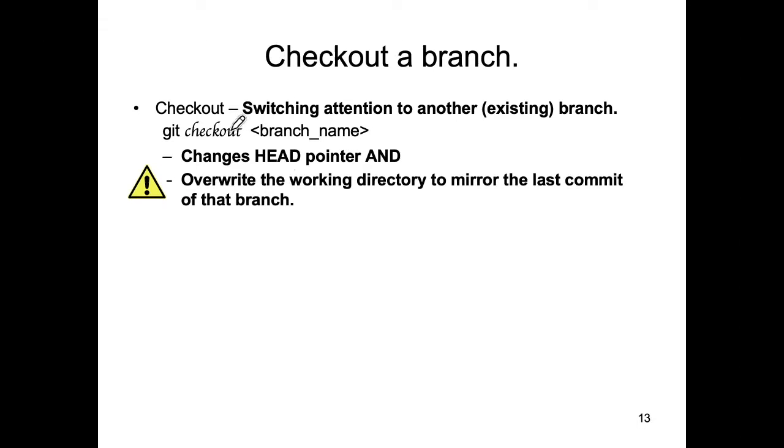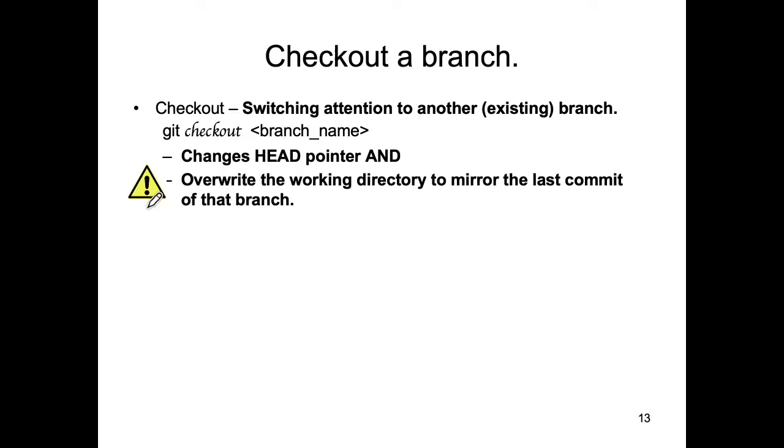The other thing that the git checkout does is it completely overwrites your working directory. Now, of course, there's a caveat there. It won't actually work if you have some edits in your working directory. I'll come back to that in a second, but it does have that effect. If you're switching from one branch to another, it will actually completely overwrite your working directory.